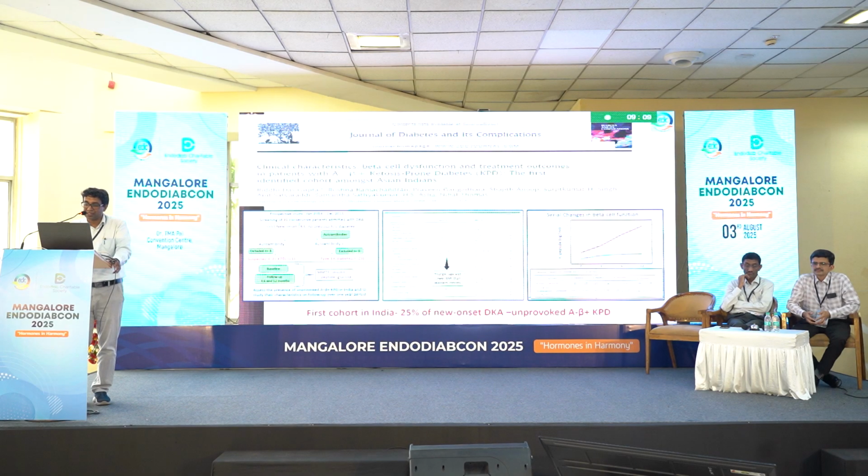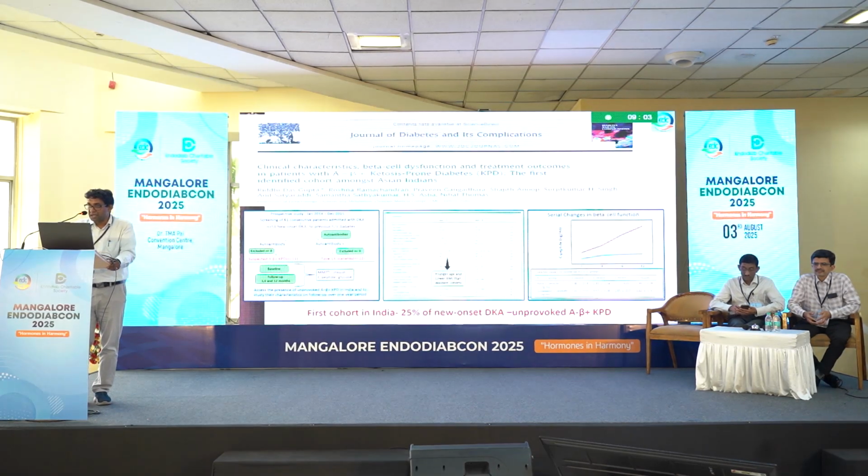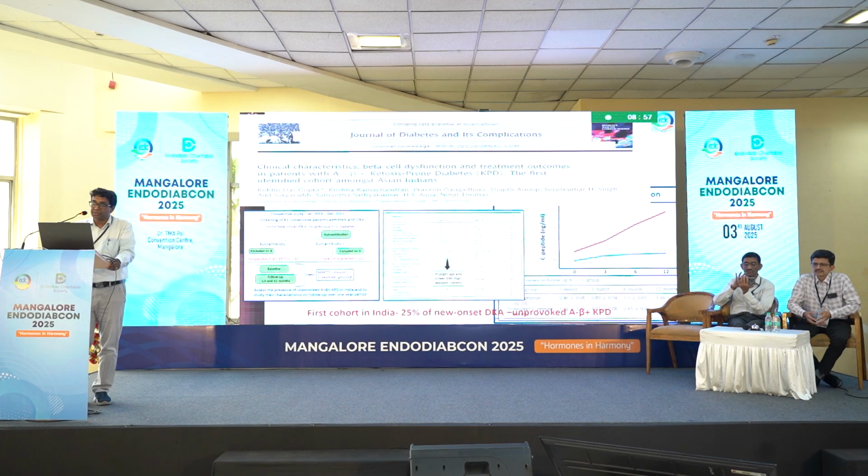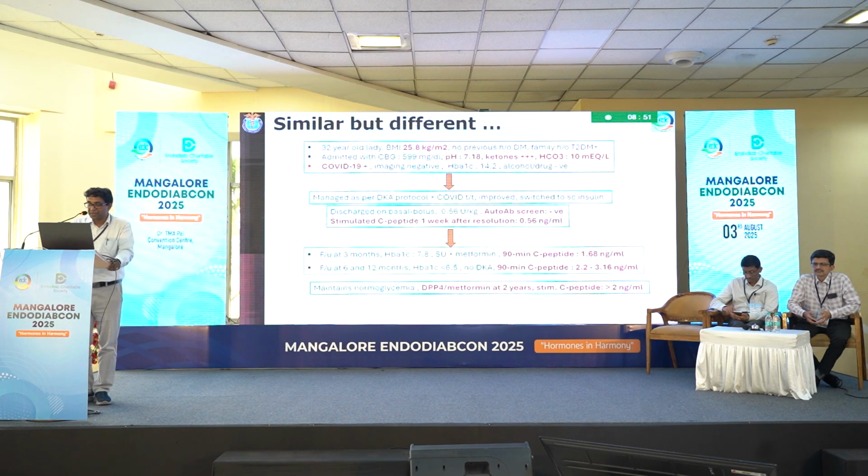So this is the first and largest cohort from India, and 25% of your new onset diabetic ketoacidosis may actually be this variant, where serial monitoring of C-peptide, almost every 3 to 6 months, is mandatory to diagnose the condition. Now, as luck would have it, after 4 years, I was working in Calcutta, and there we had this lady. This was during the COVID times, and she had a very similar presentation of DKA, with suppressed C-peptide.